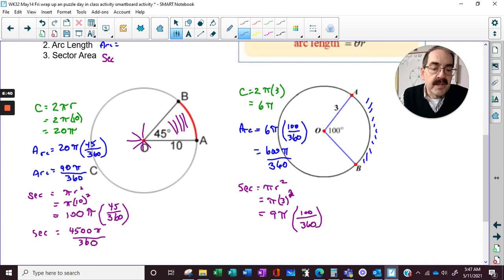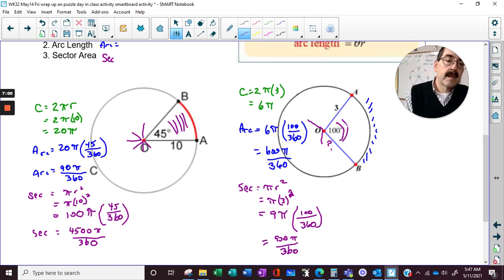And you can see that's about 3.5 pieces? 100, 200, 300. There's the missing piece, right? So in this case, 900 pi over 360, and that would represent how much of the whole pie we had. All right, so that's a recap for this week.